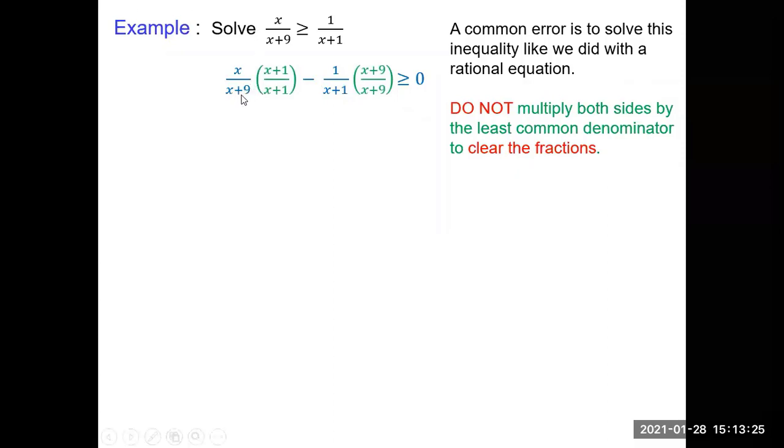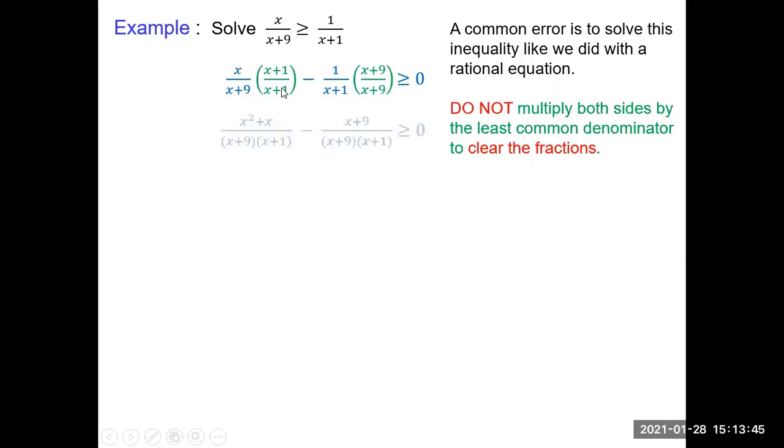So here we had an x plus 9. This denominator over here needed an x plus 9, so we multiplied numerator and denominator by what was missing. We could see the denominator on the right was x plus 1. We needed an x plus 1 on the left fraction, so we multiplied numerator and denominator by x plus 1.